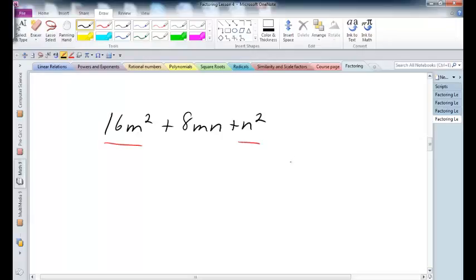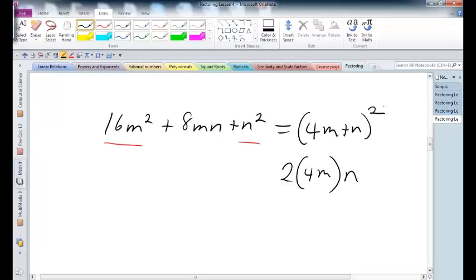The center term should be 2 times 4m times n. In this case, that's exactly what it is, so we know that this factors and it becomes (4m + n) squared.